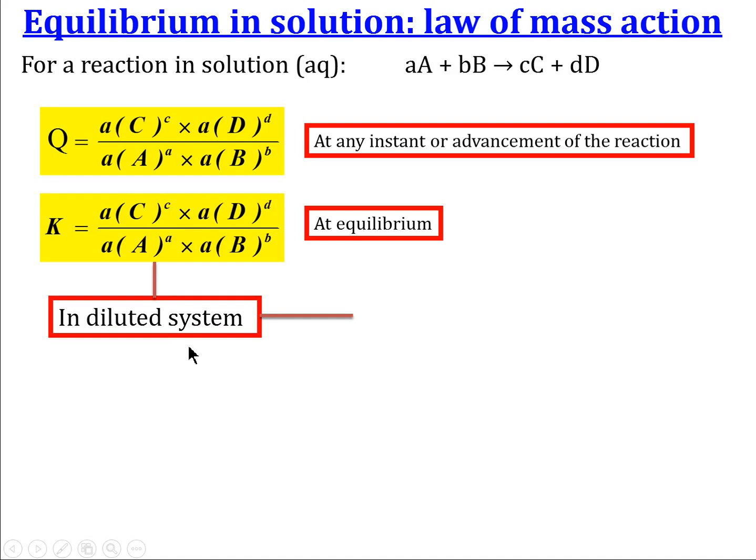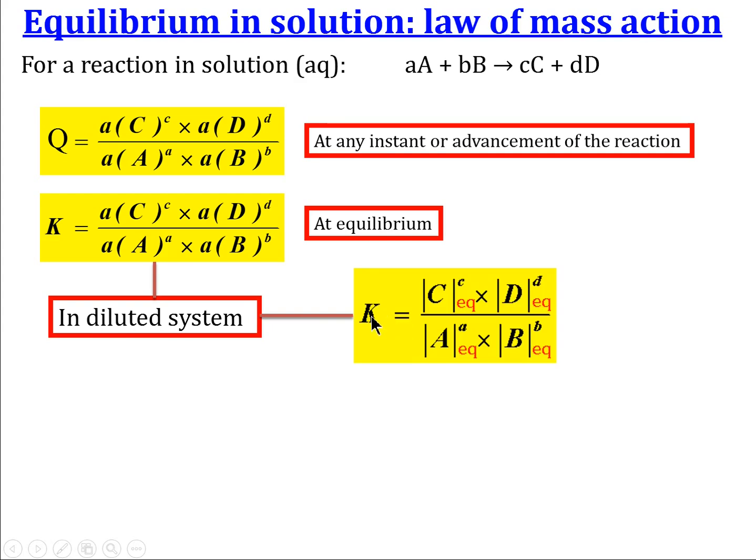We explained before that for diluted solution, the activity is practically the concentration for ion, so the expression of K according to the concentrations in the diluted solution is given by the following: capital K equals the concentration of C at equilibrium to the power c times the concentration of D at equilibrium to the power d, divided by the concentration of A at equilibrium to the power a times the concentration of B at equilibrium to the power b.